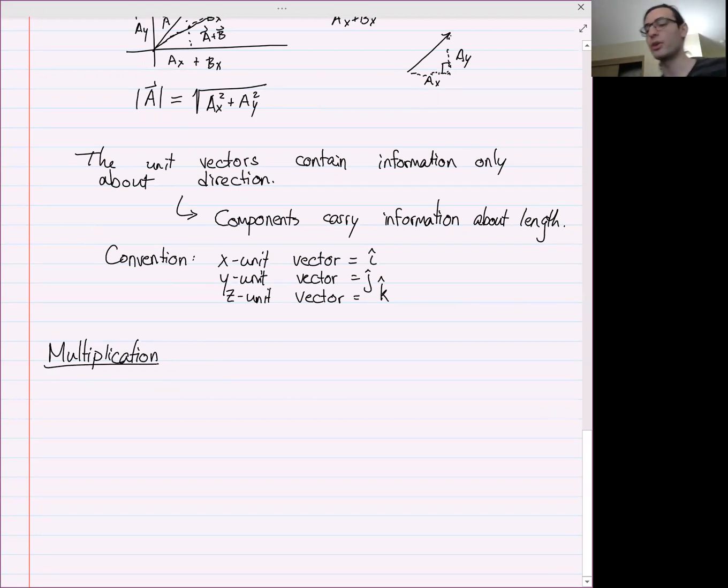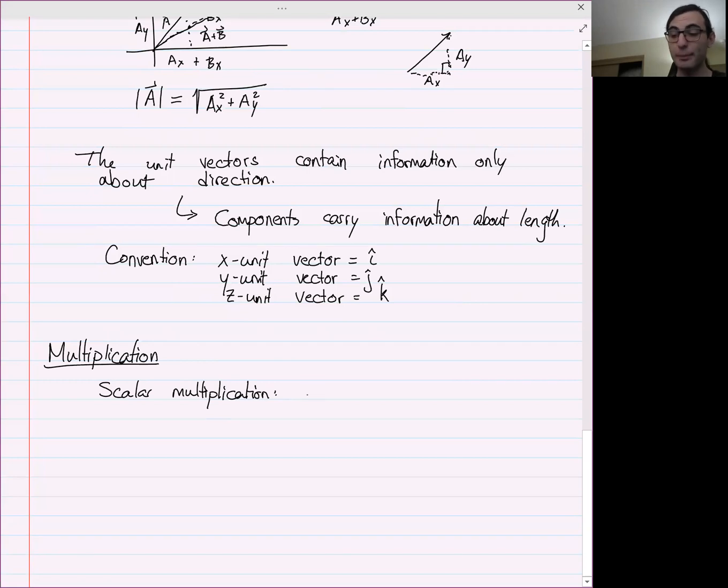So we already know that you can multiply a vector by a scalar. Multiplying a vector by a scalar, by just a number, all that does is it stretches or shrinks the vector, right?